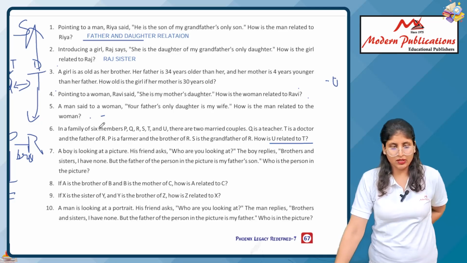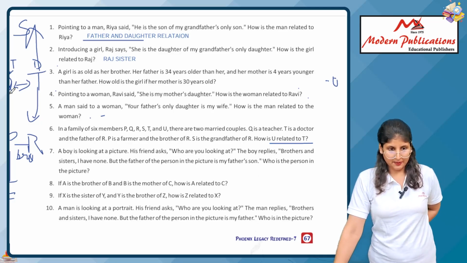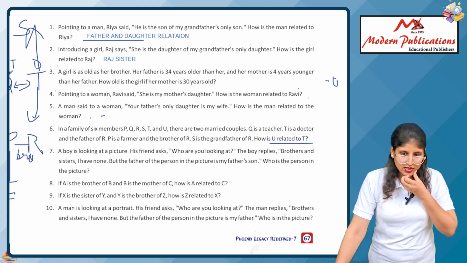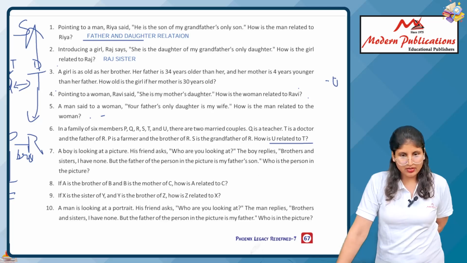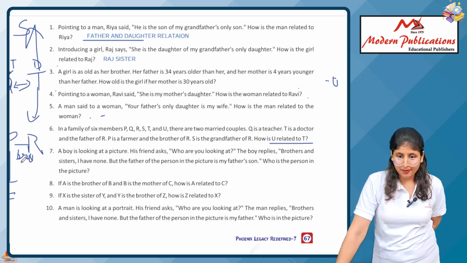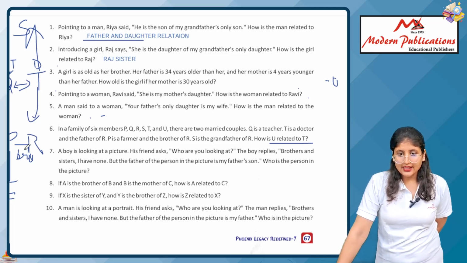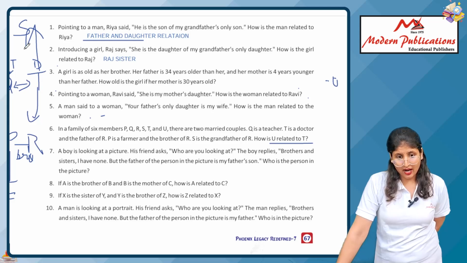So how are we able to relate it? Q is a teacher, T is a doctor and the father of R, P is the farmer and the brother of R. S is the grandfather of R. All these things are clear.